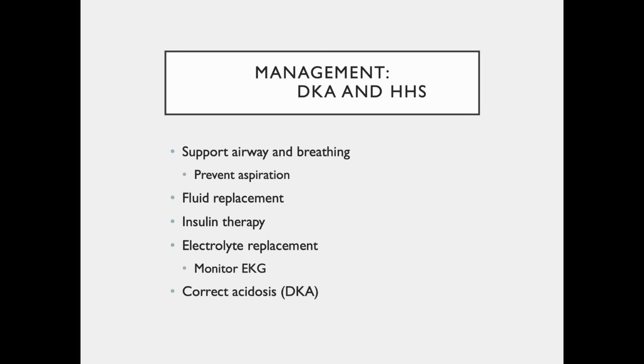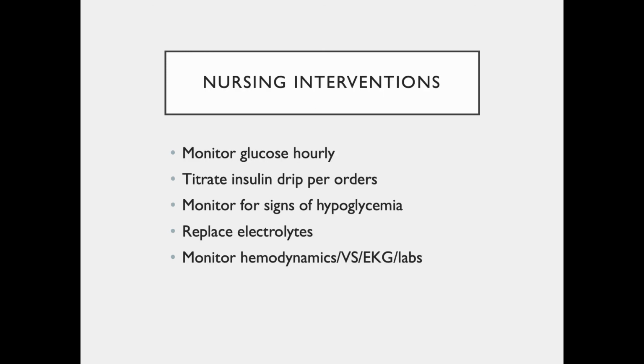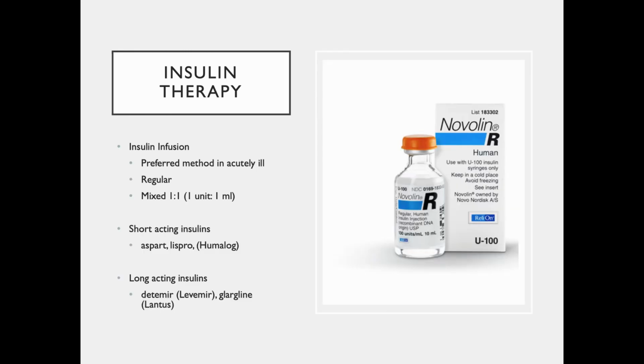And of course, we have to correct the acidemia with bicarb. Nursing interventions are aimed at monitoring the glucose constantly, titrating insulin drips, replacing the electrolytes, and then monitoring hemodynamics as well.